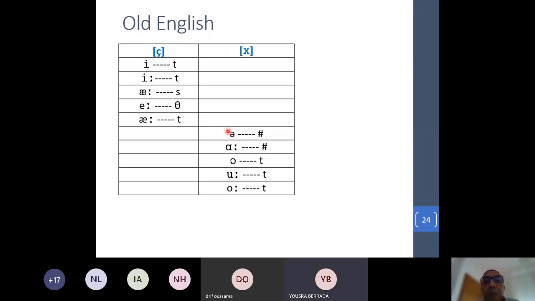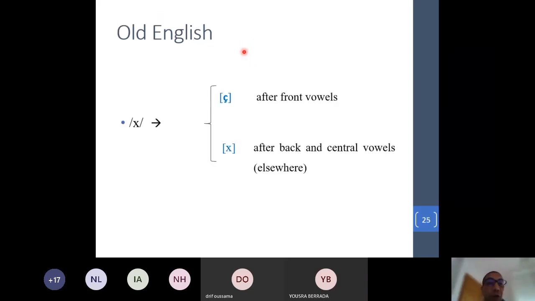This is schwa, which is central. Because after back vowels and after central vowels, this would be the default variant, the phoneme. So the velar fricative becomes palatal after front vowels, but it is velar after back and central vowels.